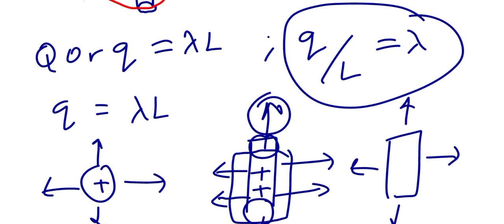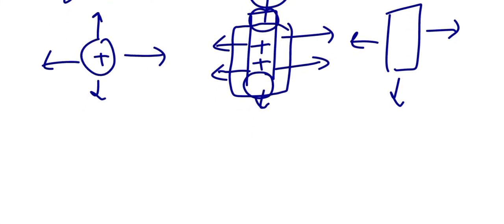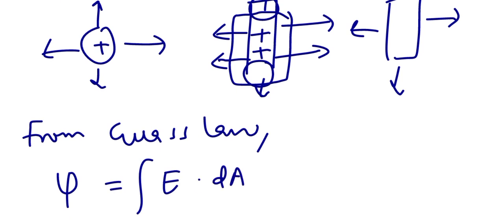So let's apply Gauss law so we'll be able to find the electric field. From Gauss law, the total electric flux is equal to the closed integral of the electric field over the area, over a closed surface.